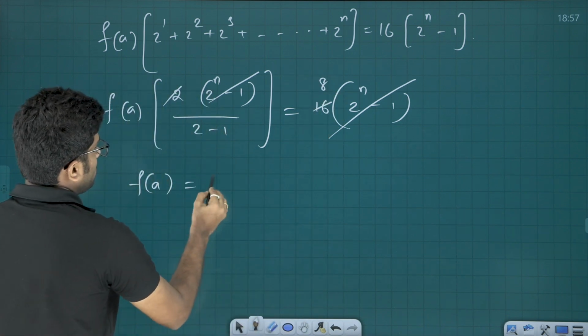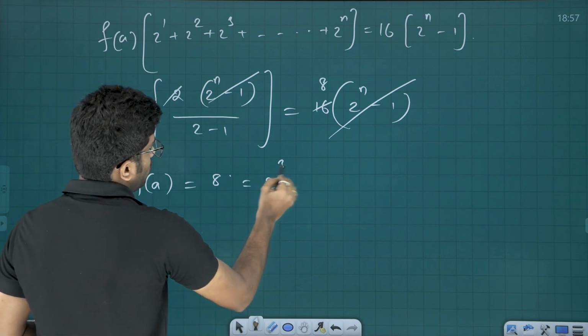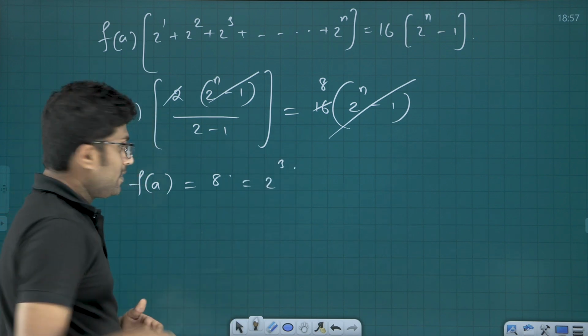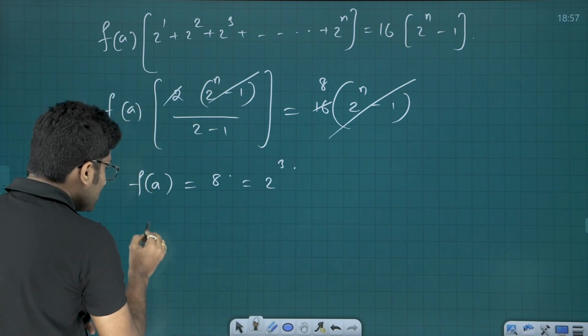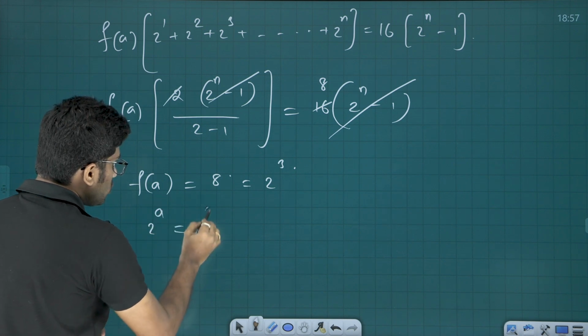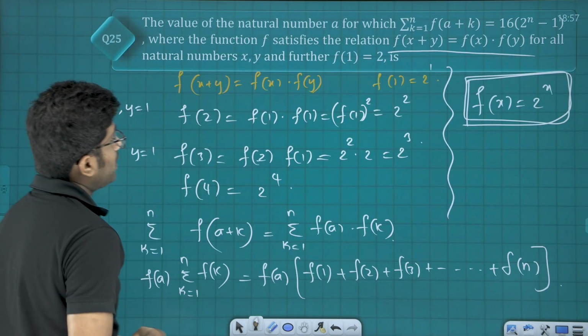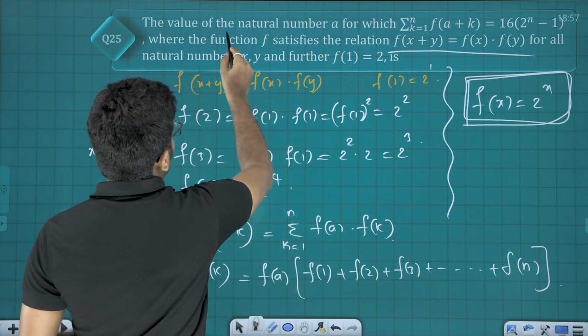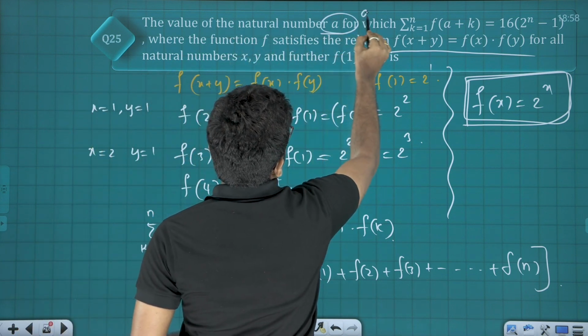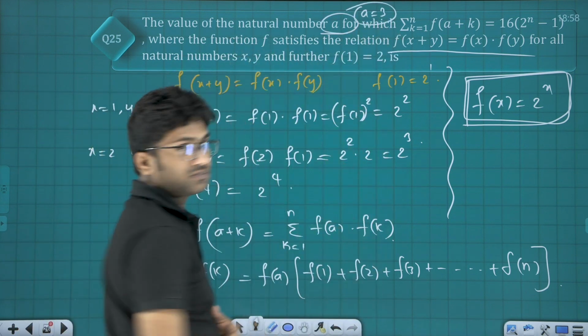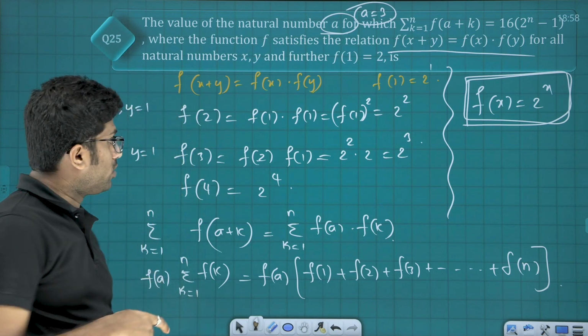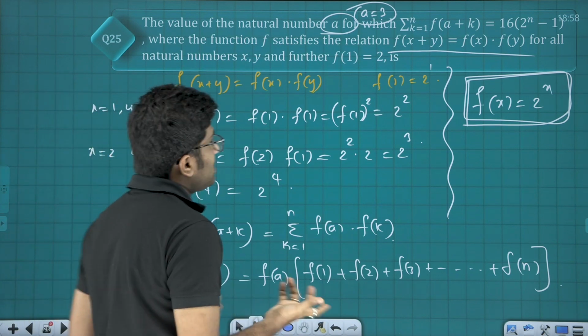Now f of a is equal to 8. 8 means 2 cube. Clearly? F of a is 2 power a, equal to 2 cube. So a is equal to 3, friends. They are asking us to get the value of the natural number a only. So that means a is equal to 3. Okay? That's it they are asking.